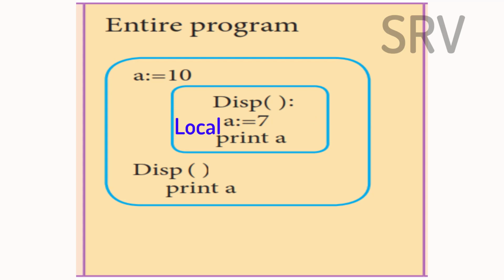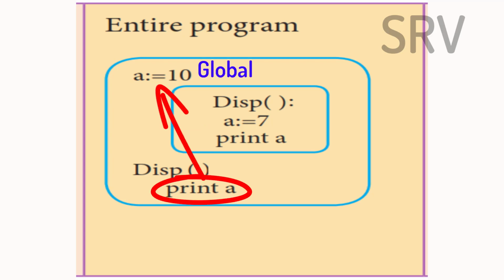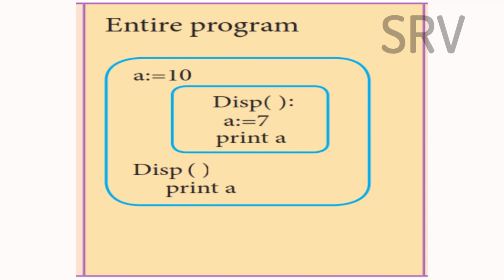That value will not be active outside that function. So once the control comes out of the disp function, now the value of a will be 10, which is defined initially in the global scope. So this is what the local and global scope is. Hope you can understand this difference between local and global scope.